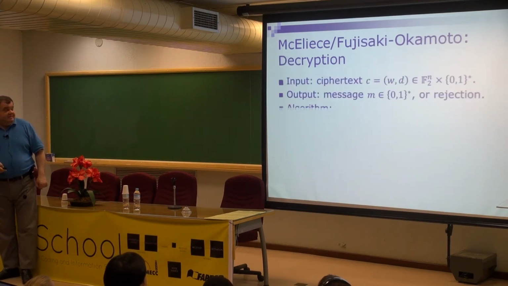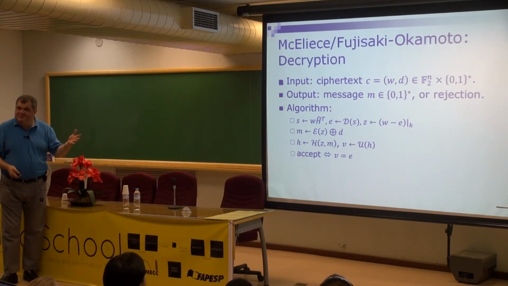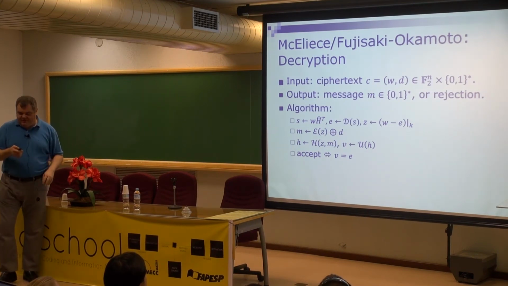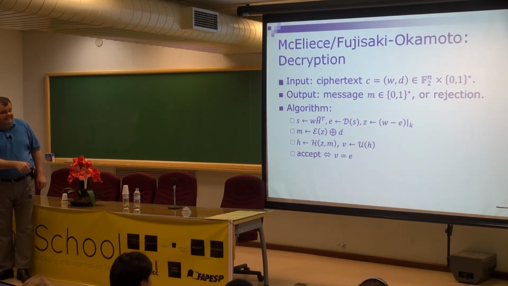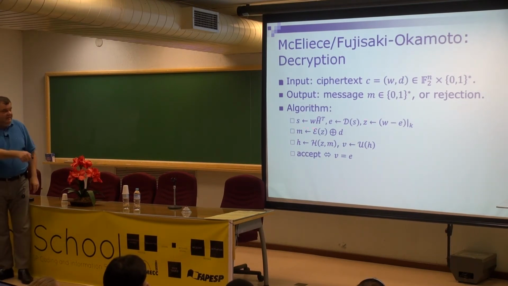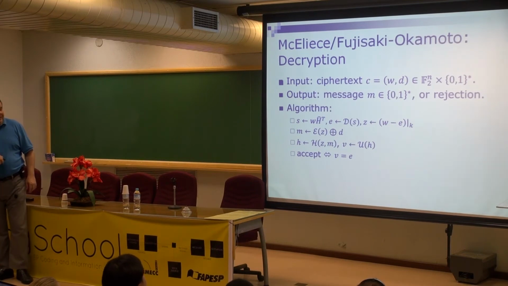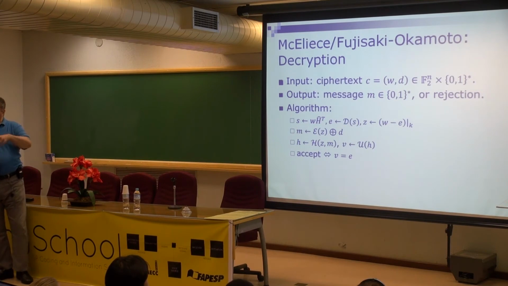How we decrypt is exactly inverting what we already know about McEliece and also the symmetric part. So, given a ciphertext which is a pair W and D, first we compute the private syndrome of W, we get S, we apply the decoder to S, and since it corresponds by definition to a short vector E, the decoder yields that error pattern E, so we can now remove the errors and extract the very first k bits.